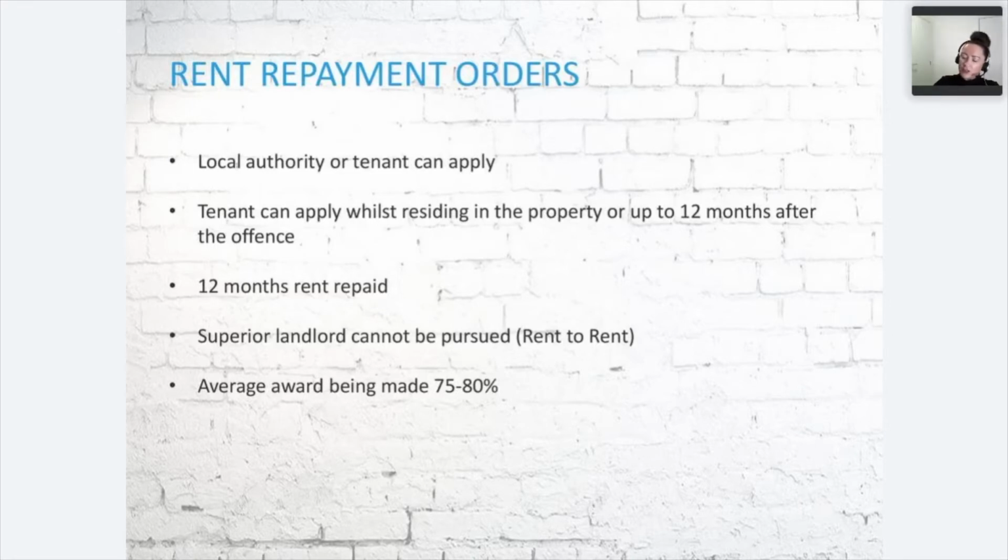And all of a sudden, the landlord had 6 rent repayment orders for £5,400 each. I'm just working out the figures. A total repayment claim of £32,400. Now, that's worse than any fine that I'm talking to you about today that will be levied on you. And all that money is going back to the tenant.